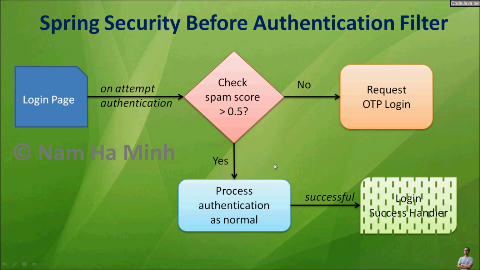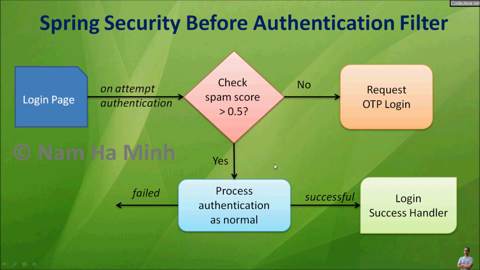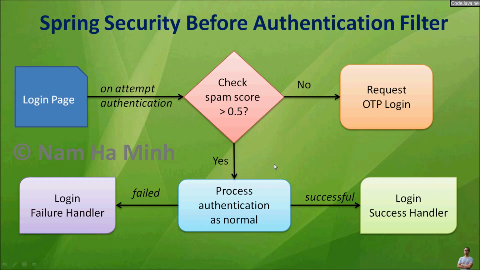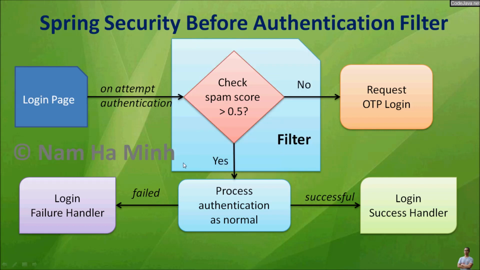And upon successful login, we can execute custom logic using a login success handler. Similarly, we can also execute custom logic upon failed login using a login failure handler. And in order to intervene the authentication process to perform some custom logic just before the authentication process, we need to install a filter.